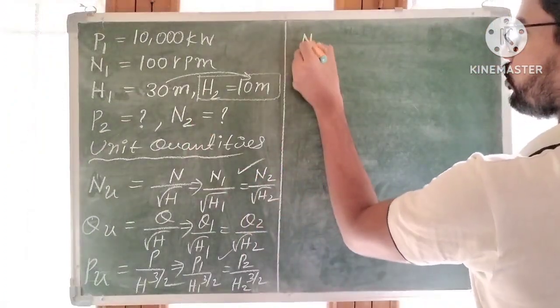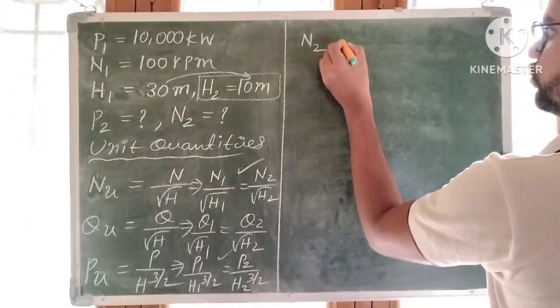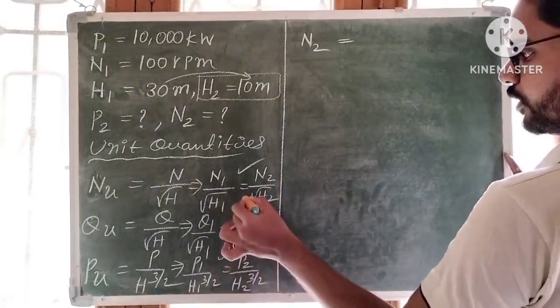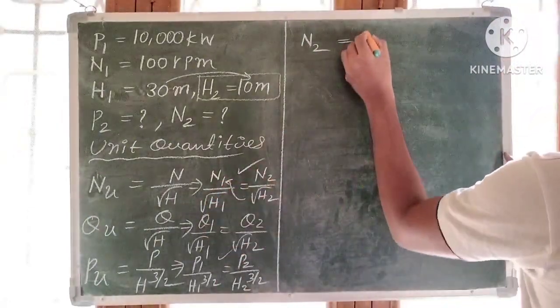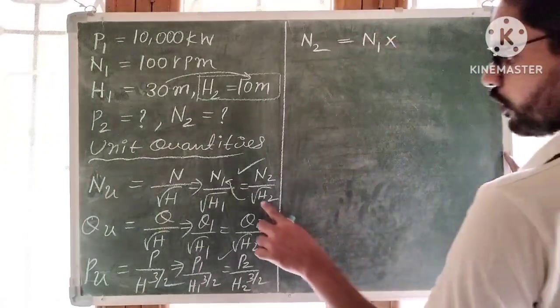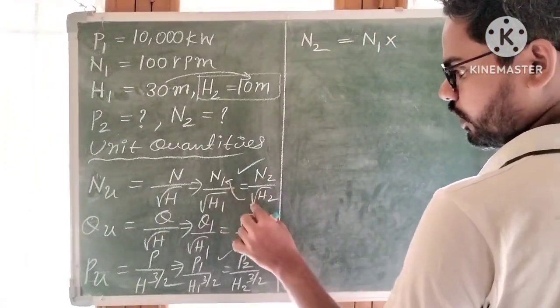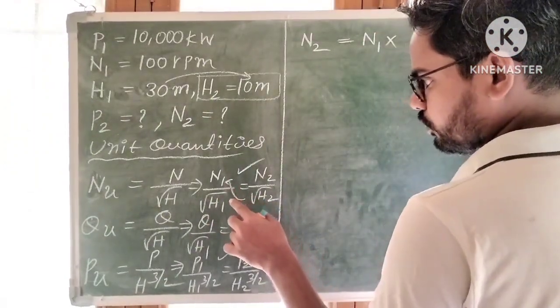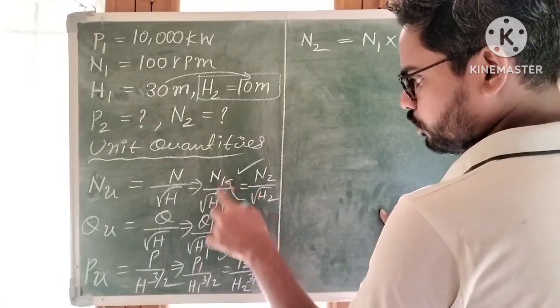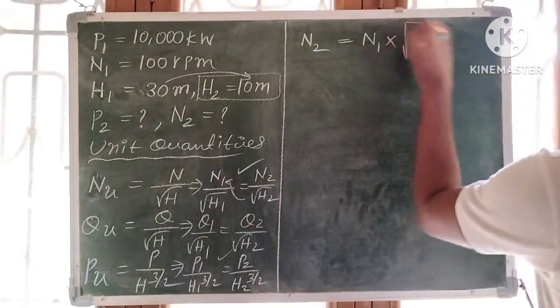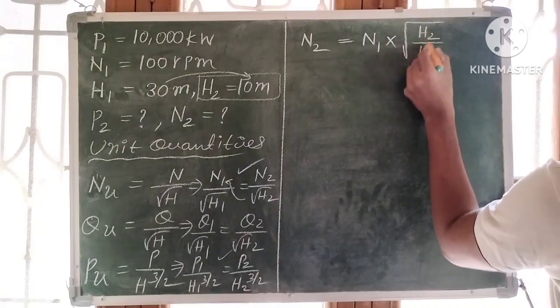N2 is equal to, transposing root H2, division becomes multiplication, so N1 into root H2 by root H1, that is, root over H2 by H1.